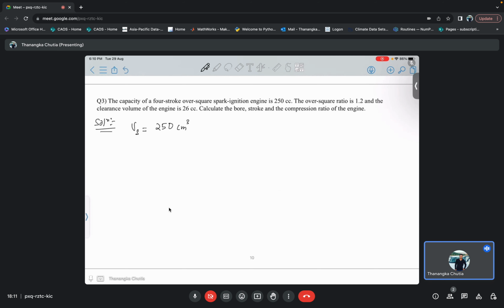Now, the over square ratio. Before it was square, now the bore to stroke ratio is given to us as 1.2, and the clearance volume is 26 centimeter cube. From here you have to calculate the bore, the stroke, and the compression ratio.